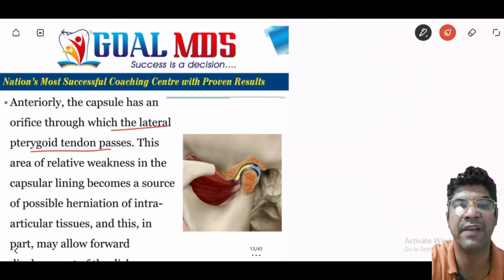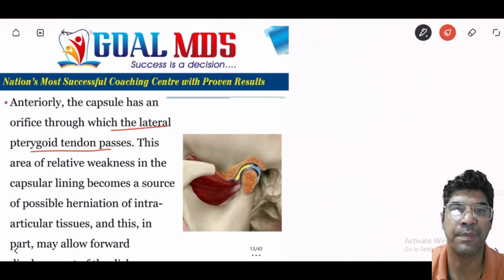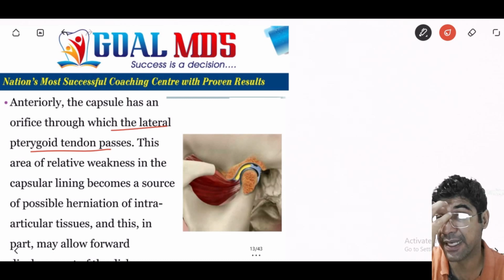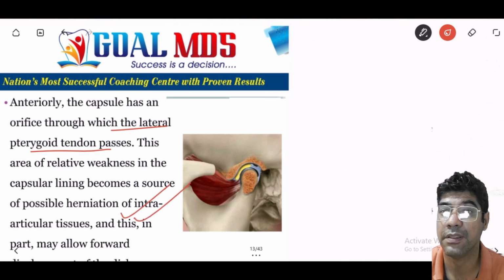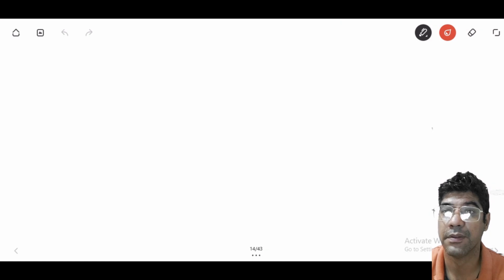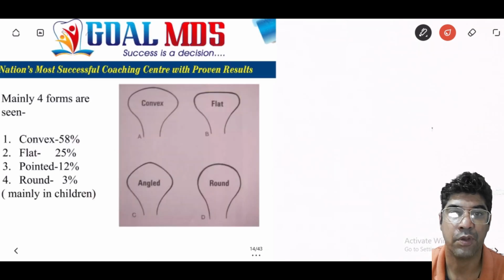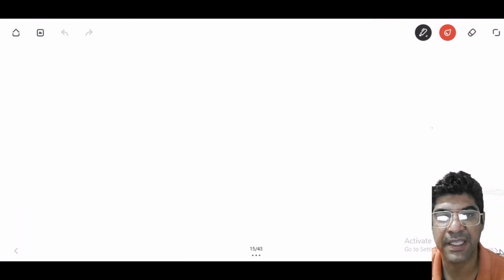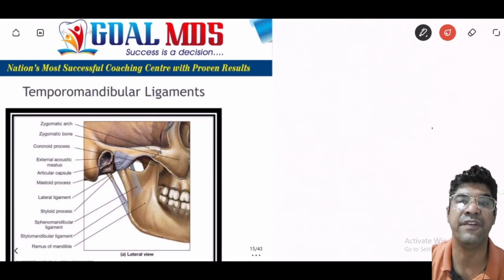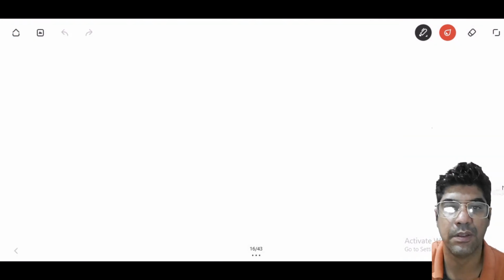This opening allows the passage of the tendon of the lateral pterygoid muscle. The presence of this orifice in the capsule creates an area of weakness in the joint capsule.